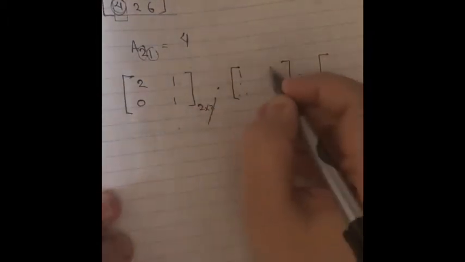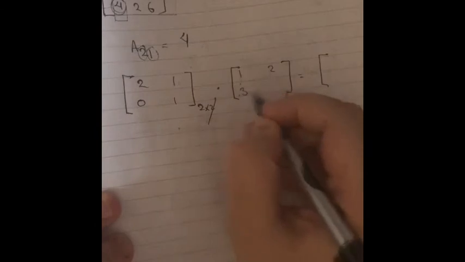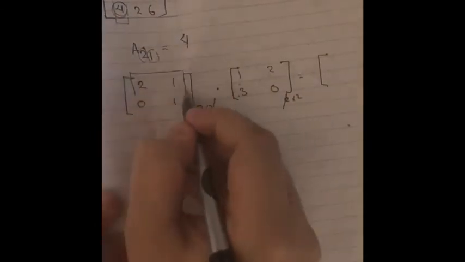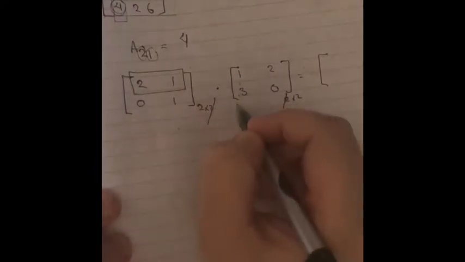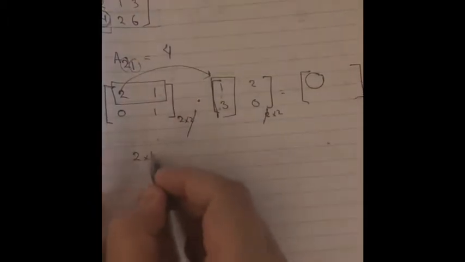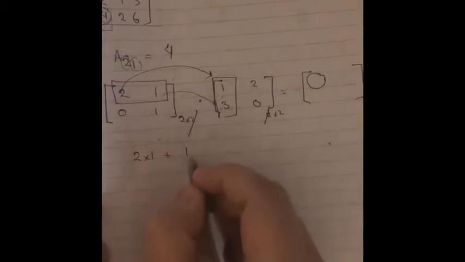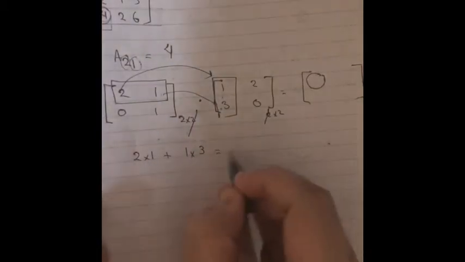Let's say here 1 2, let's say 3 and 0. I will always start by row. First row with first column would give me the first number, and whatever is between them we add. 2 by 1 plus 1 by 3, and that's 2 plus 3, which is 5. This is the first number.